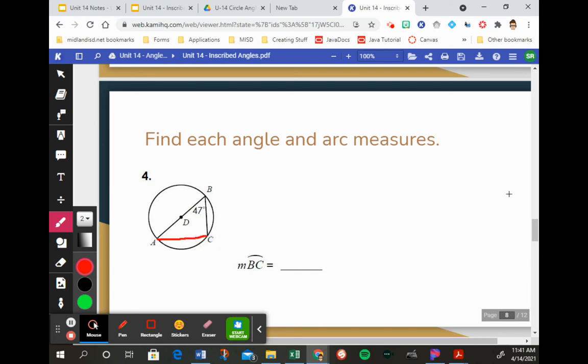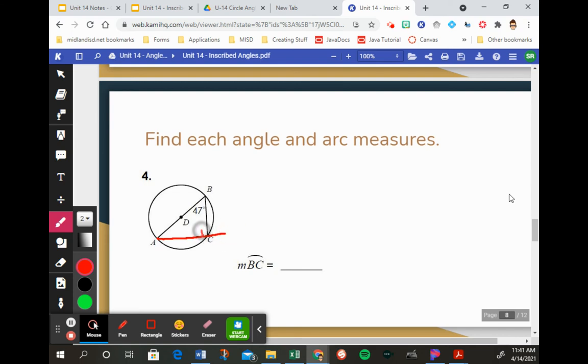But it's not. So I need to figure out what arc BC is. I need to draw in right here.